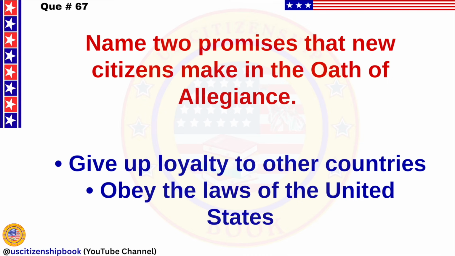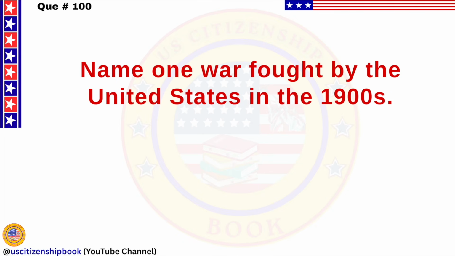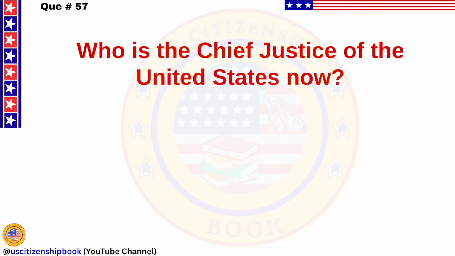Obey the laws of the United States. Name one war fought by the United States in the 1900s. World War I. Who is the Chief Justice of the United States now? John Roberts.